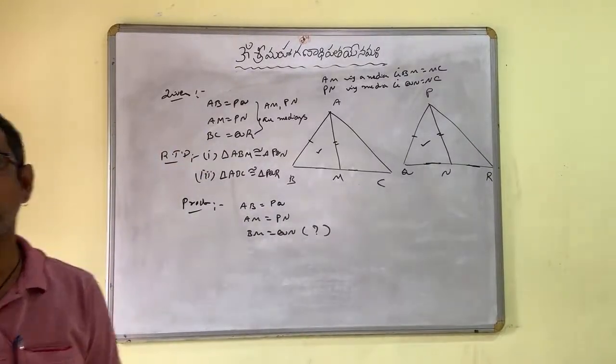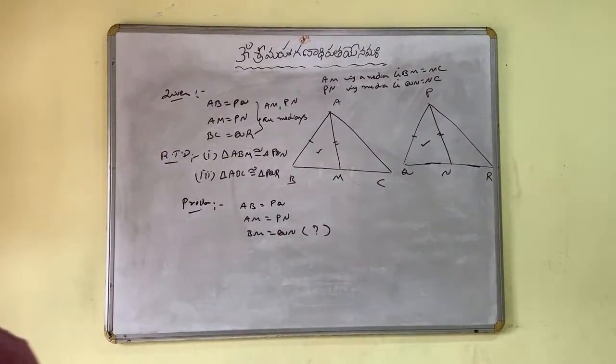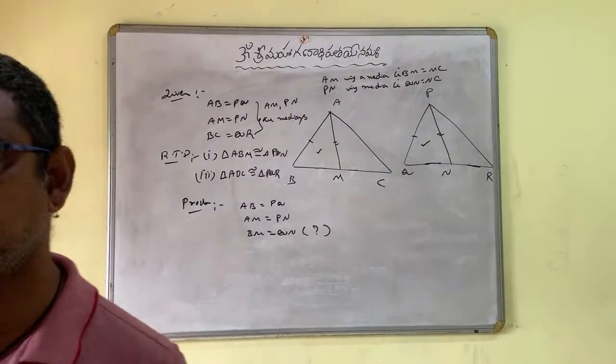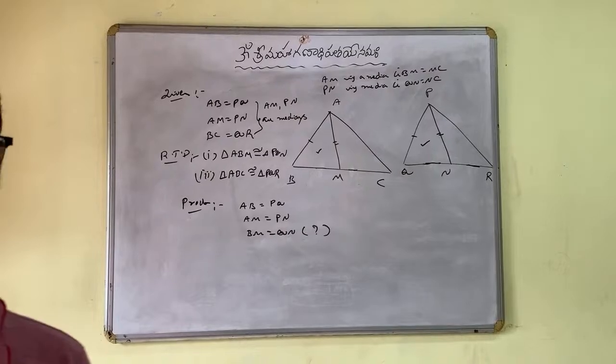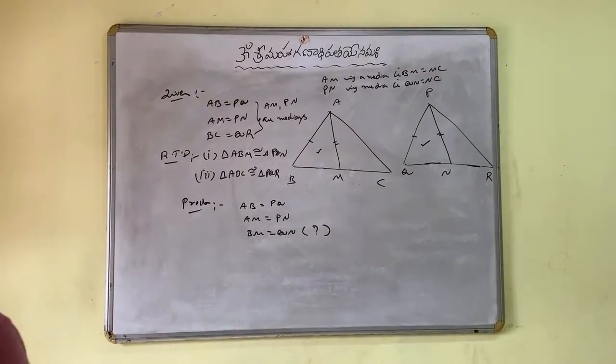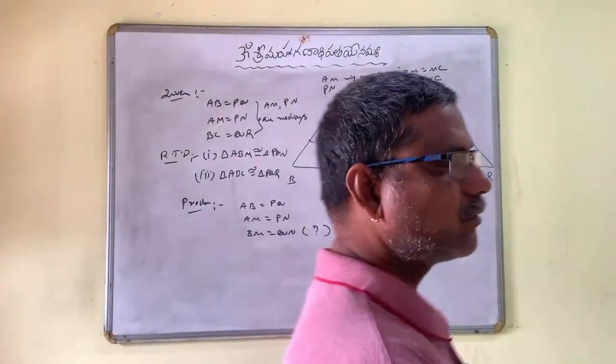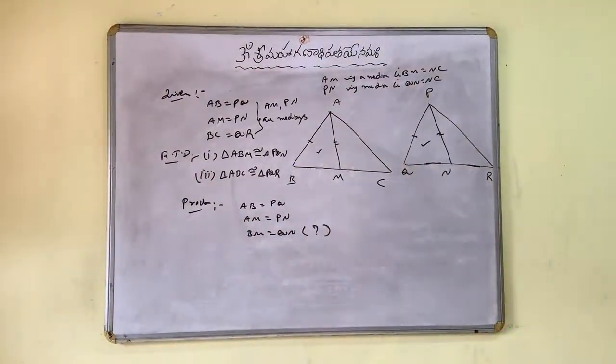BC equals QR is given. If you say BC is equal to QR, I'll say yes. But you are saying BM is equal to QN. How are they equal?